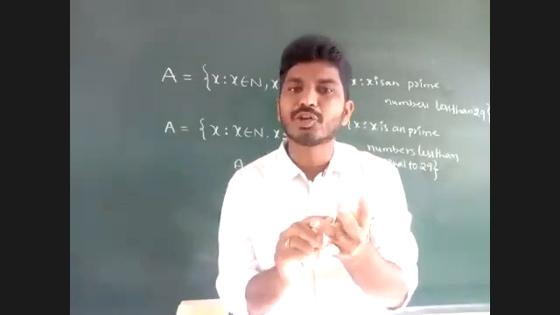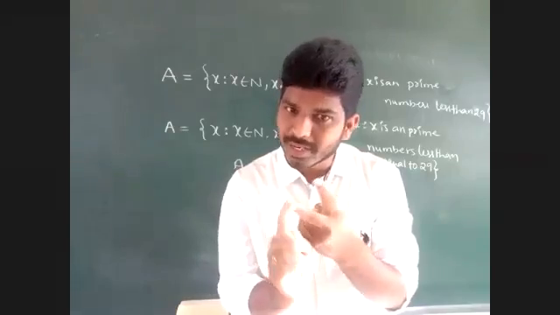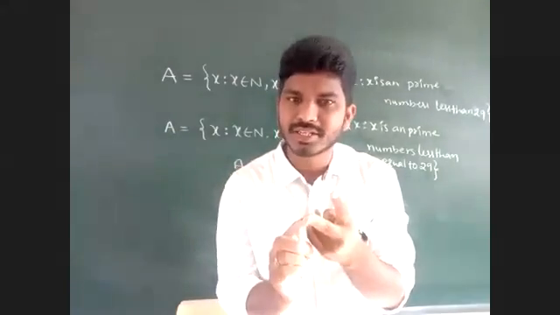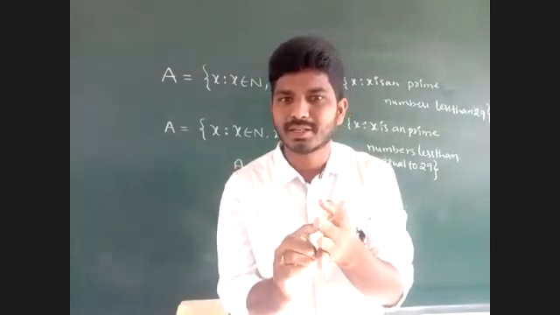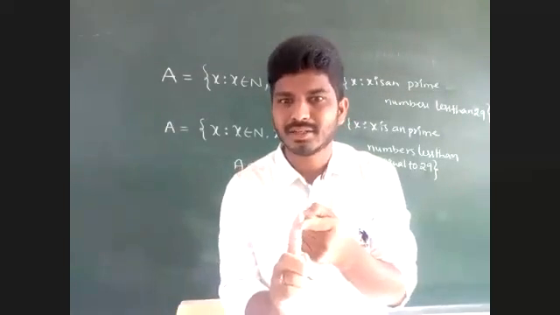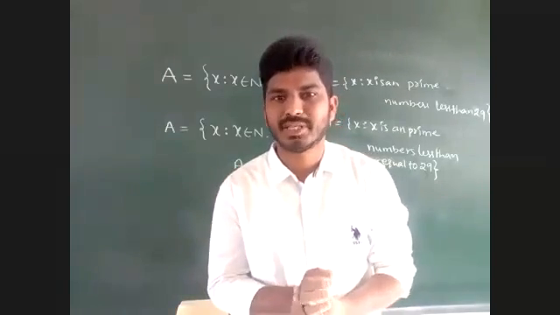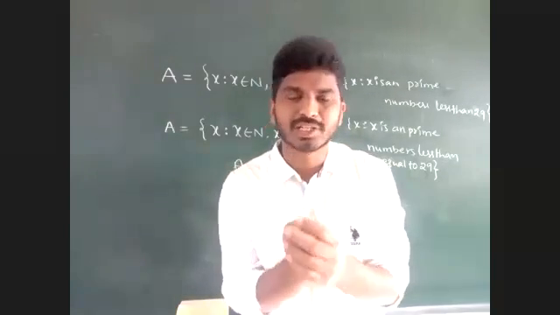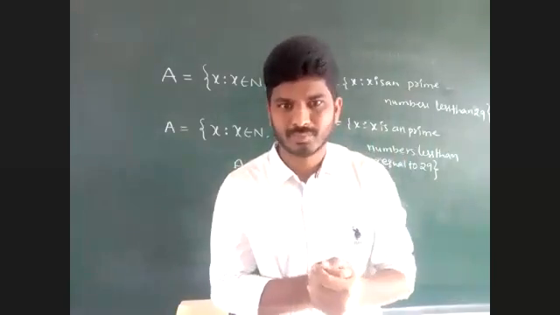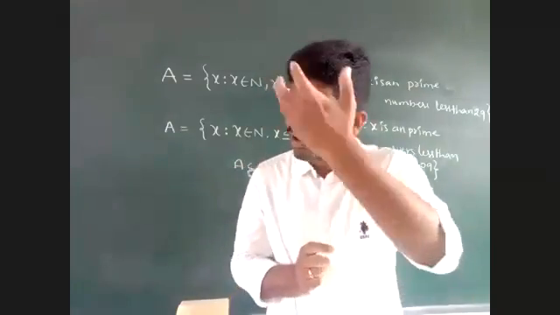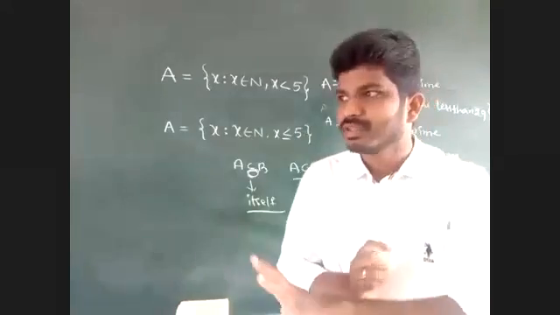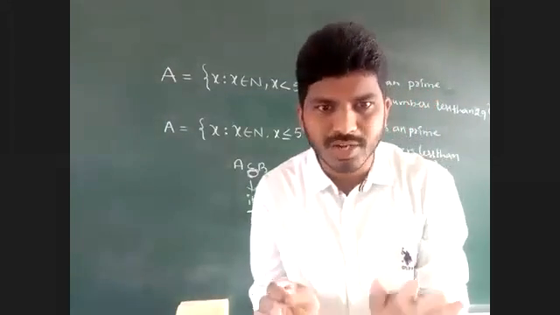Next are equal set, equivalent set, disjoint set, overlapping set. Next are subset and superset. Last one is proper subset. In that, one more definition we discussed, power set. So total types of sets concept completed.